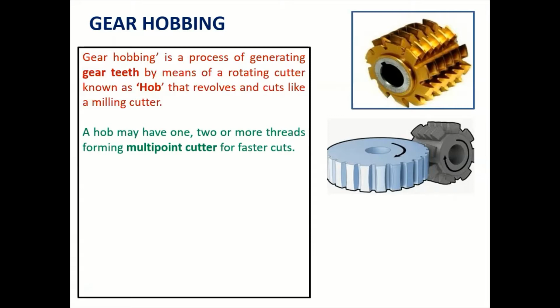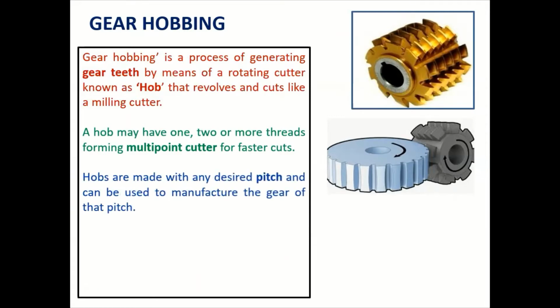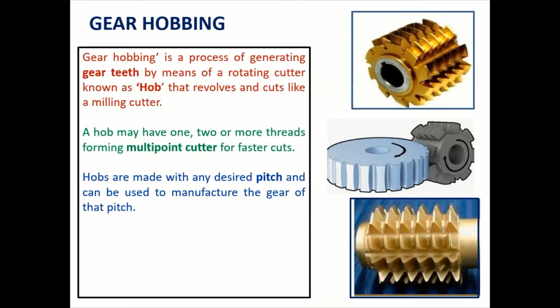Due to that, the cutting takes place at a very fast rate. A hob is made with any desired pitch and can be used to manufacture a gear of that pitch. The distance between two threads, or teeth, gives you the pitch.